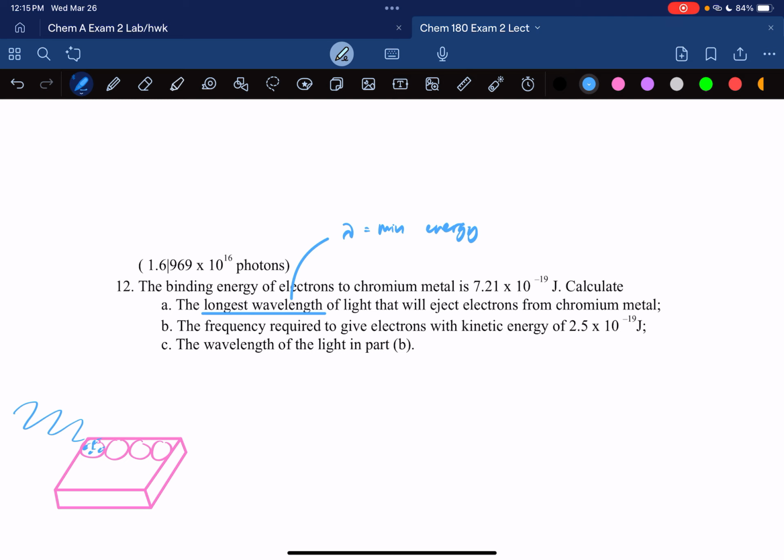That's equal to the binding energy. So minimally, you've got to loosen that up and dislodge that electron. Is that good? So that means the longest wavelength will eject from the chromium, meaning minimum energy. Okay, what would the energy be? How would you calculate that out? Maybe you should write some notes first.